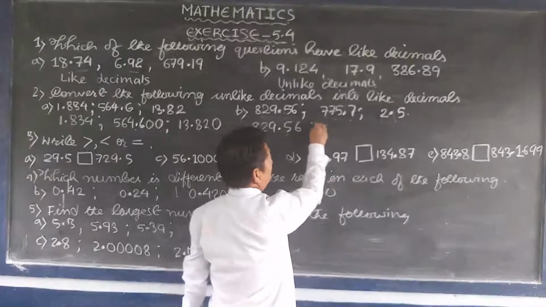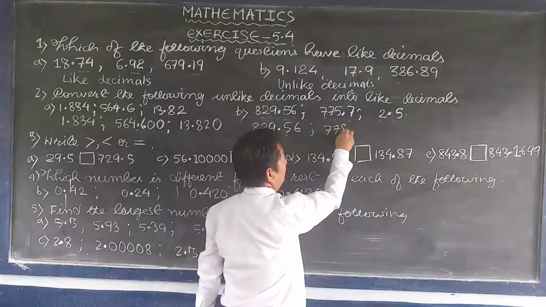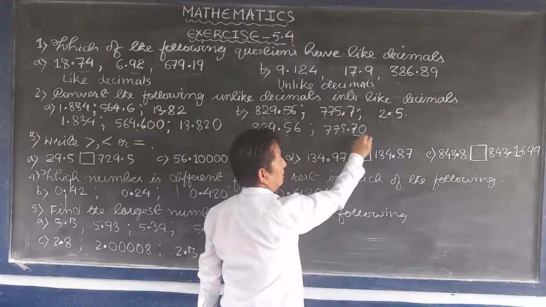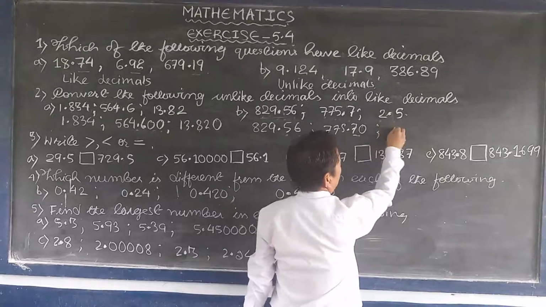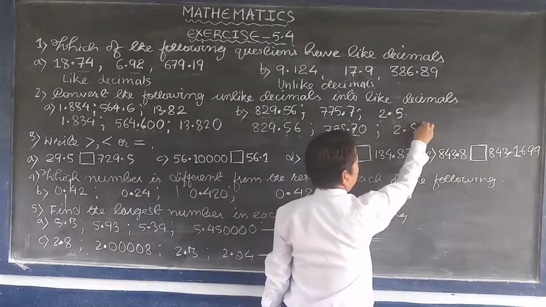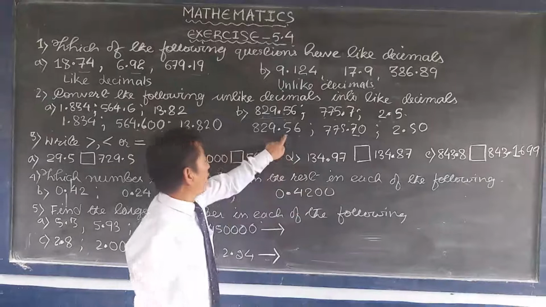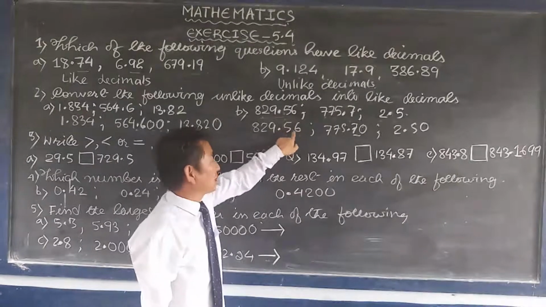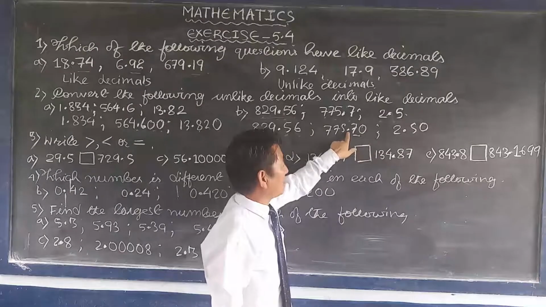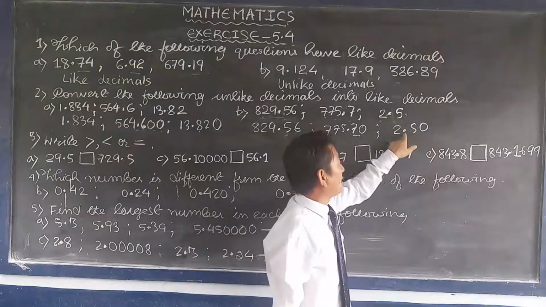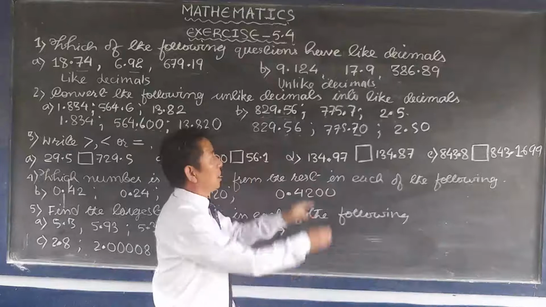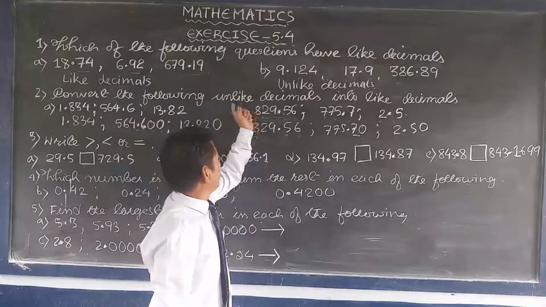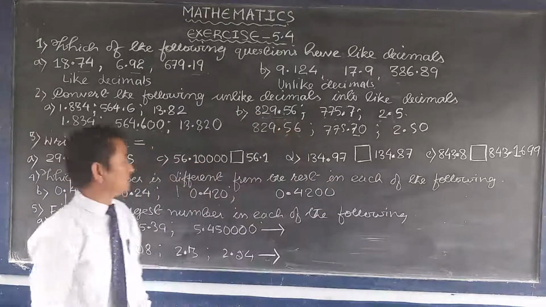Another, 775.7, so in the hundredths place we add 0, 2 digits. Here 2.50. Now there are 2 digits after the decimal point in each. Now we have converted these unlike decimals into like decimals.